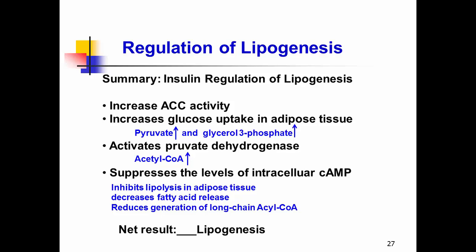So it inhibits lipolysis and decreases fatty acid release. So you have decreased long-chain acyl-CoA levels. So you have less inhibition of lipogenesis by long-chain acyl-CoA, right?